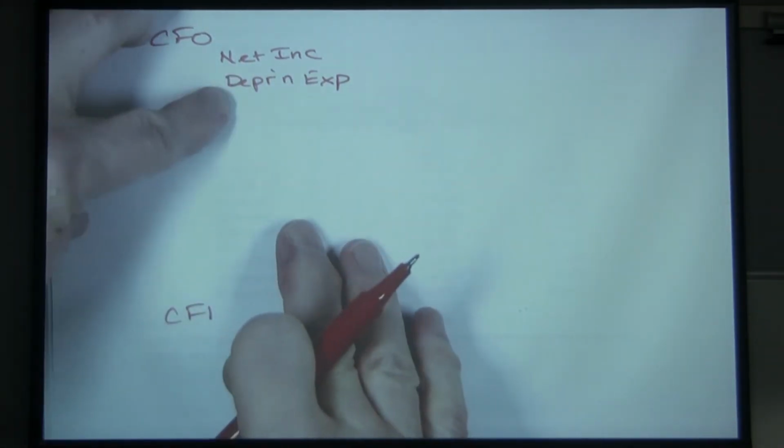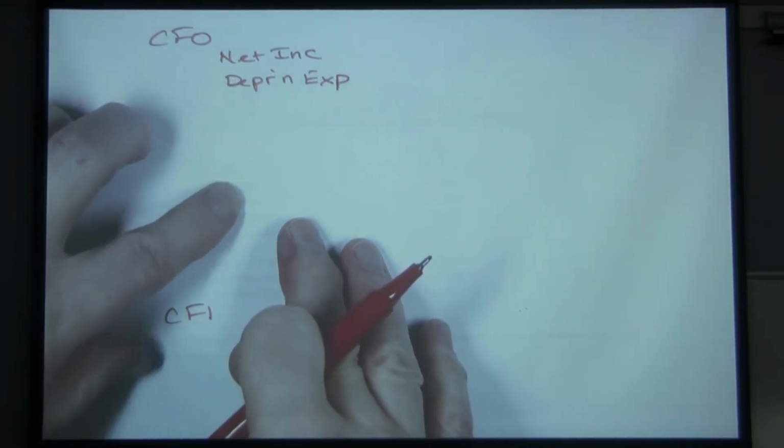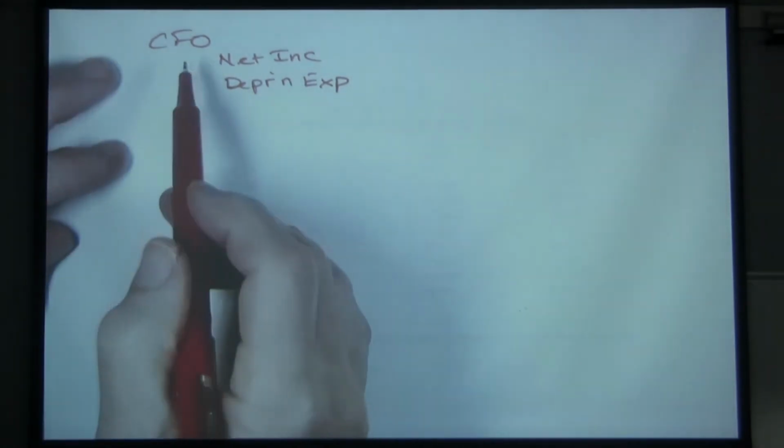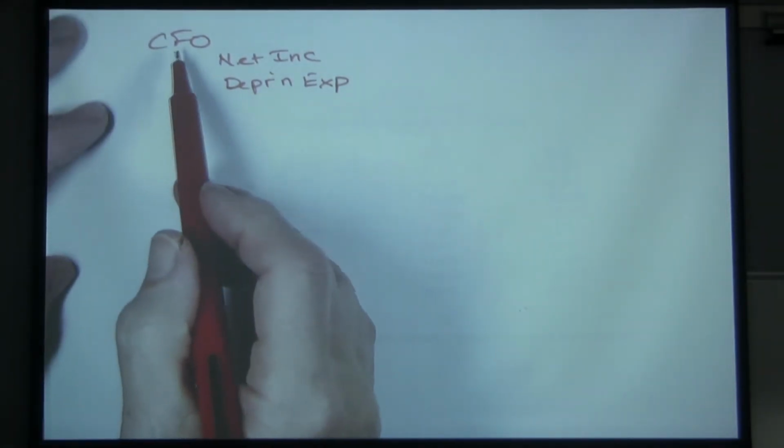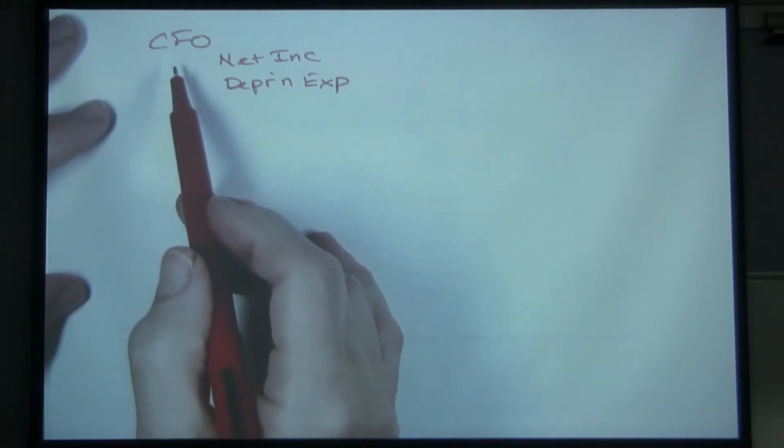And then we'll note any increases or decreases in our working capital. There's one more item that I haven't mentioned to you yet, which would show up in our CFO section. And that item is if we sell a PP&E asset, and if there's a gain or a loss.